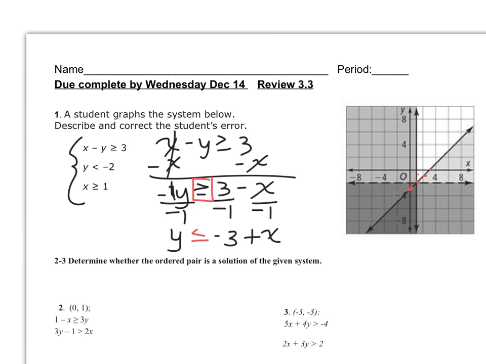It says y is less than or equal to, so that's going to be what kind of line? Solid line. And if it's less than, we're going to shade below. So is the first graph okay? There's nothing wrong with the first graph.